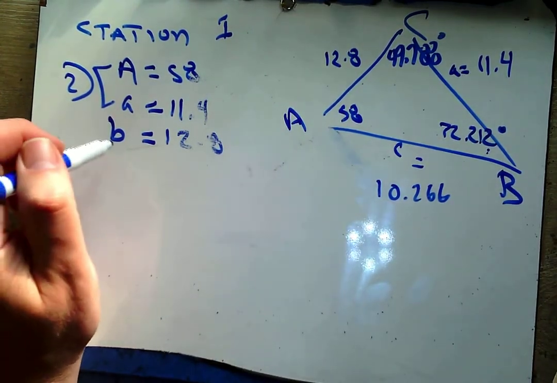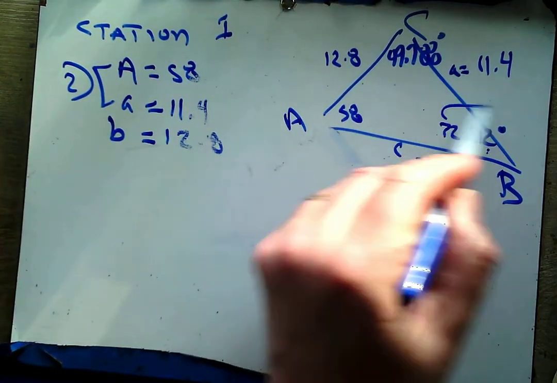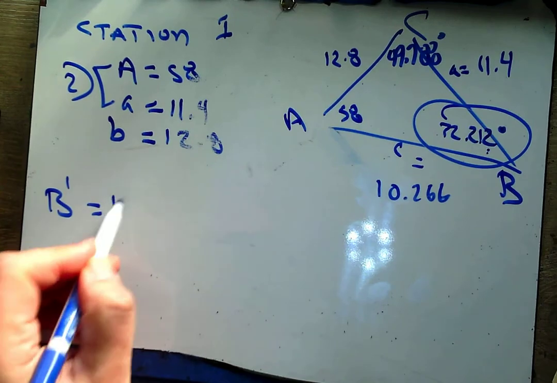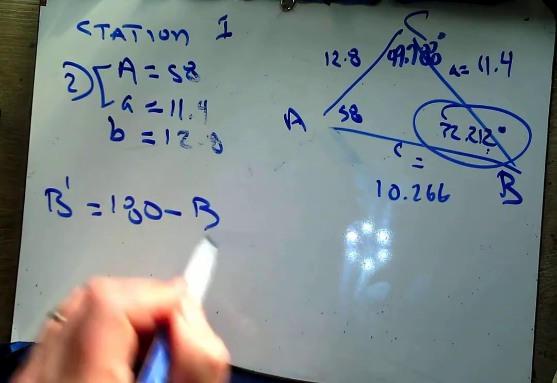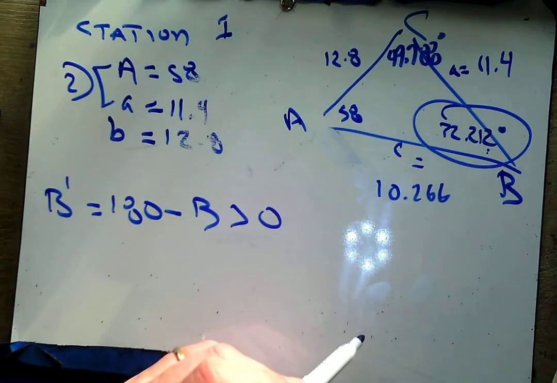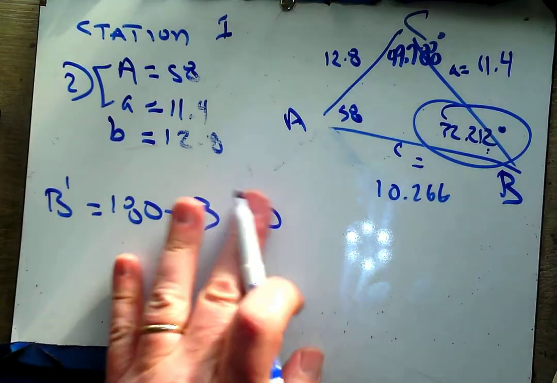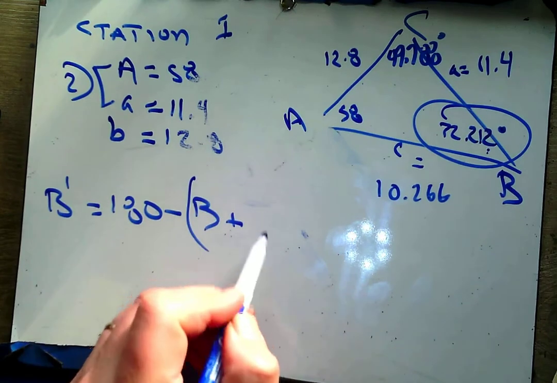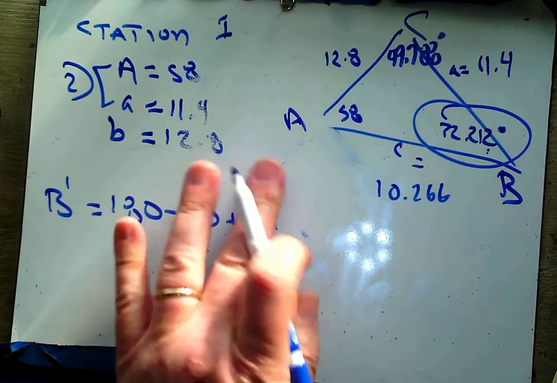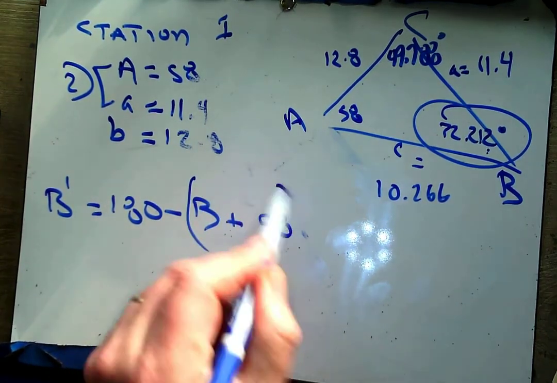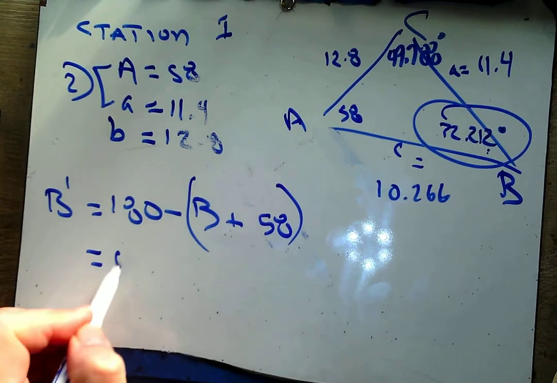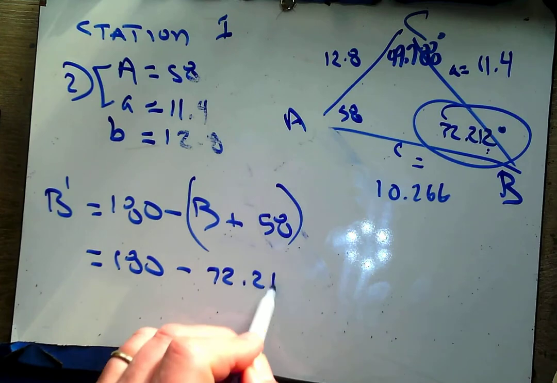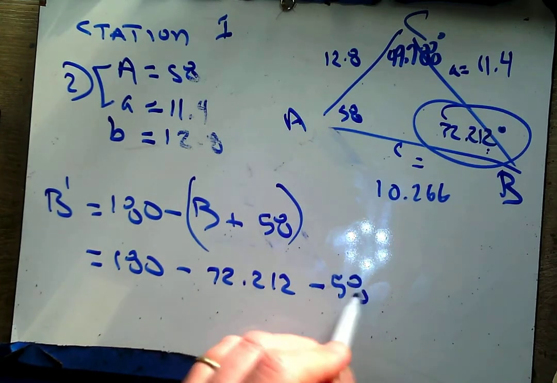So what was that recipe? The first angle we find. Okay. So if there's a B prime, then 180 minus B has to be greater than 0. Well, oh, no, sorry. Minus B plus the given angle, right? Plus the given 58. All right, well, let's see what we've got. We've got 180 minus 72.212 minus 58.